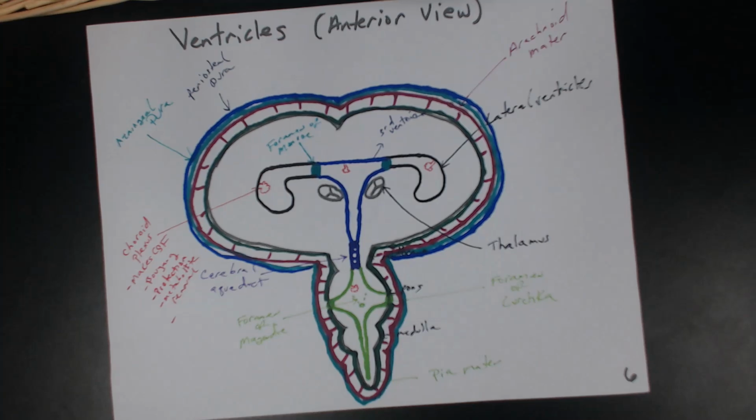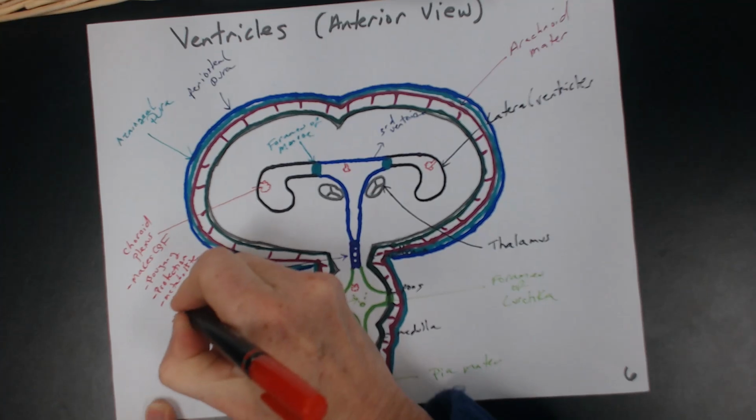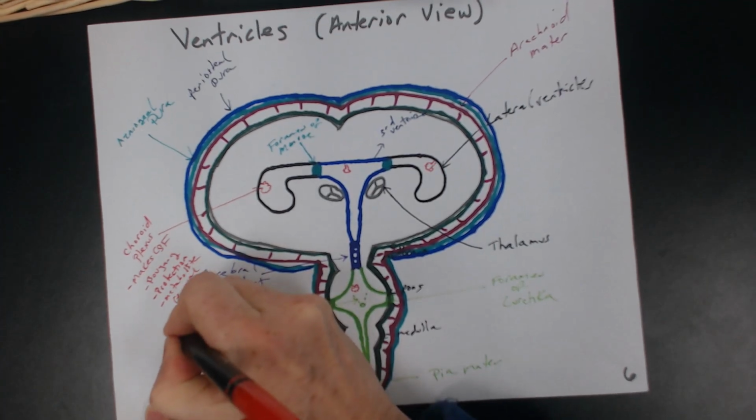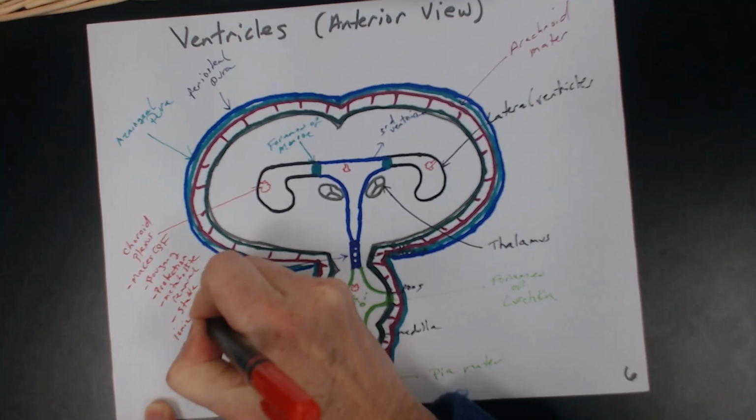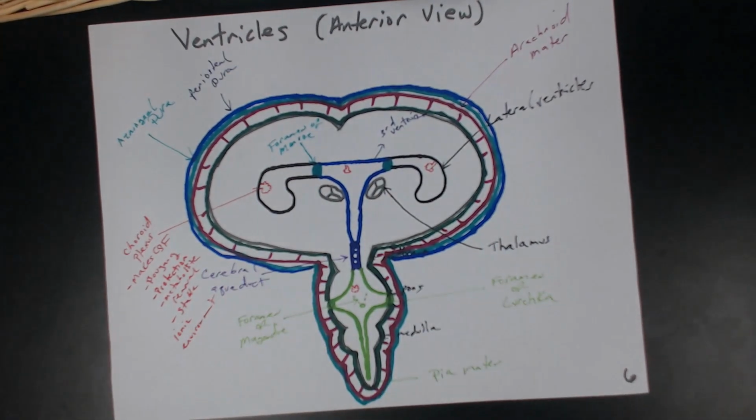And it's going to also provide a stable ionic environment. CSF itself is kind of like water. There's not a lot to it. It's acellular, doesn't have a whole lot of protein.